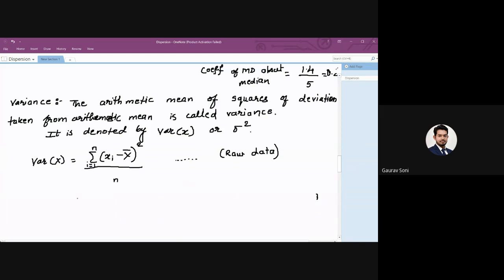What could be the formula for the discrete and the continuous frequency distribution?